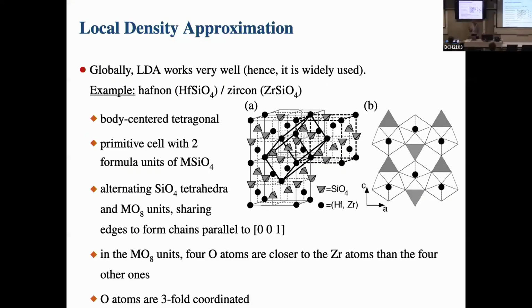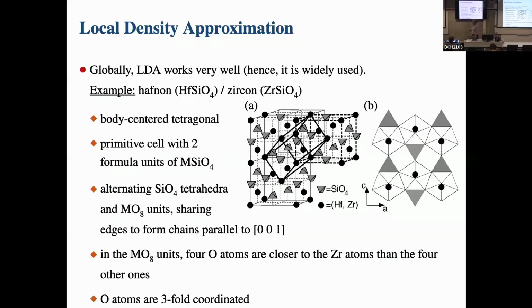So what does it mean that it kind of worked? Take this example here of hafnon and zircon. Zircon is something that sometimes you will see in jewelry because it looks like diamond, but it's not diamond, so it's way cheaper. It's a body-centered tetragonal unit cell. There is a primitive cell with two formula units of MSiO4, M being hafnium or zirconium. You can see that as alternating SiO4 tetrahedra and MO8 units along the 001 direction.